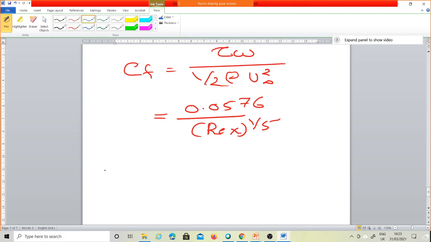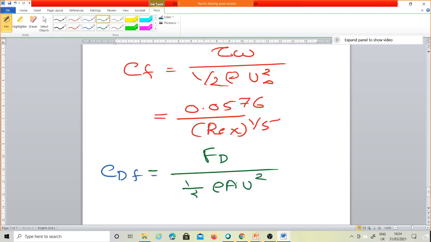So in this case CDF, we use the drag. Before we used the stress, in this case we use the drag. So this one is equal to actually FD or D, whatever you like you can write. So this should be half rho A u square.